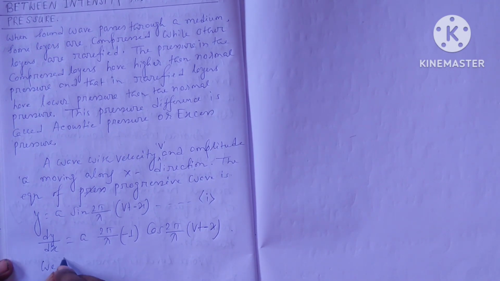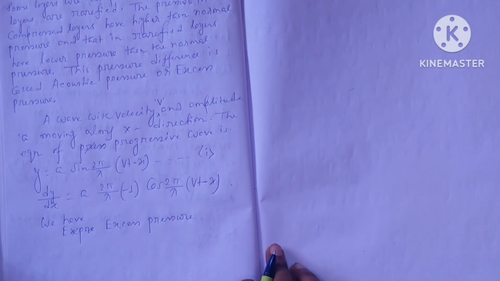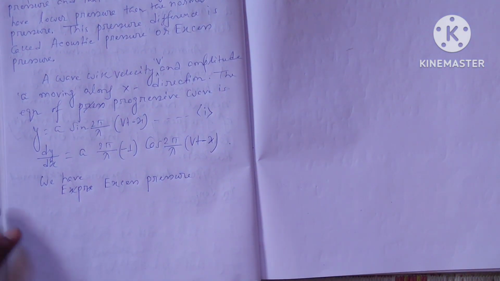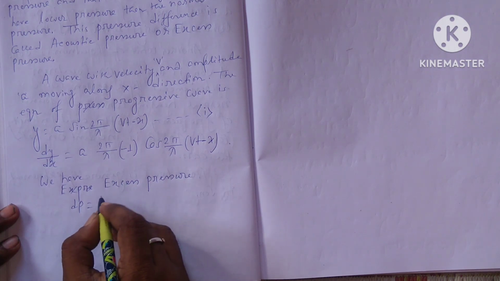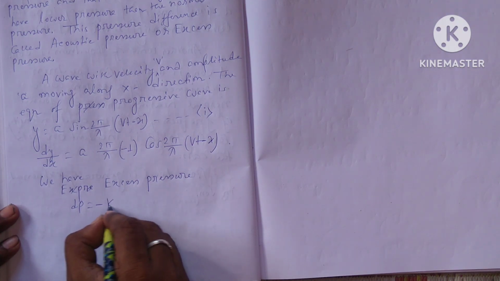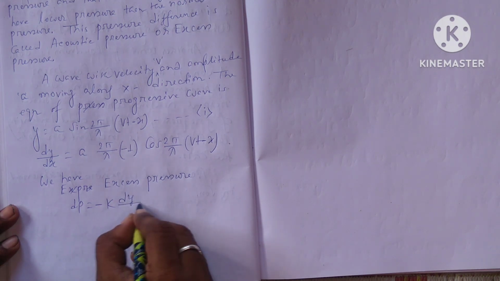We have excess pressure, that is dp equal to minus k dy/dx.